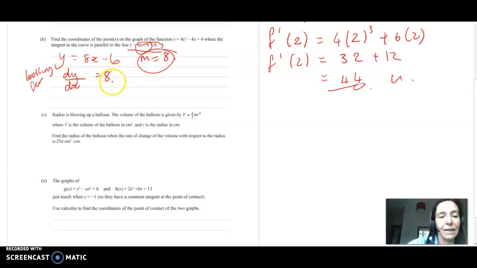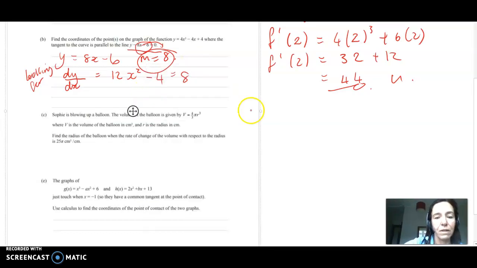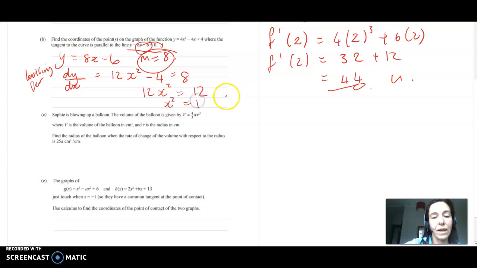And so the derivative of that is going to be 12x squared minus 4. And I know I can let that equal 8. So now I'm just going to solve. 12x squared equals 12. So it's going to be x squared equals 1.